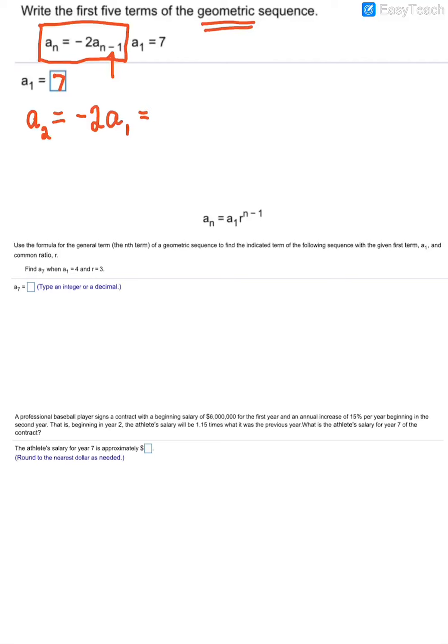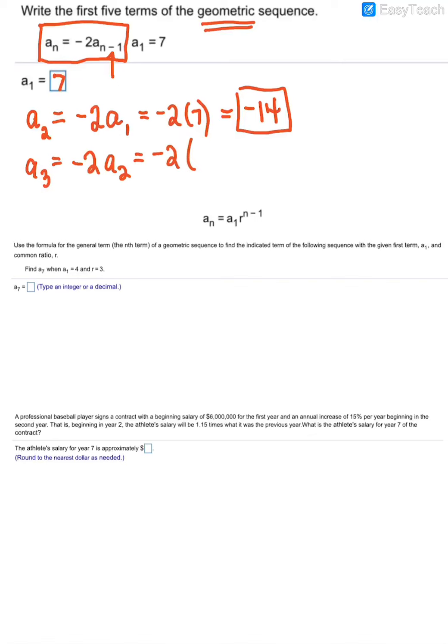So when I take -2 times my first term, 7, I find that my second term is -14. For my third term, take -2 times my second term, -2 times -14. I'm back to a positive this time, 28.